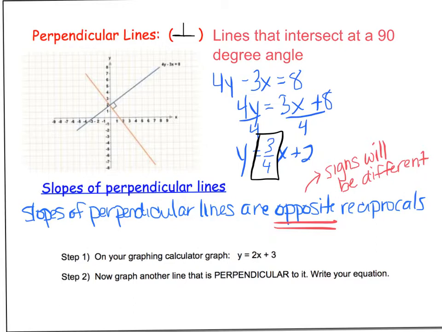Therefore, knowing that the perpendicular line's slope has to be an opposite reciprocal, I know the sign of the perpendicular slope will be negative.